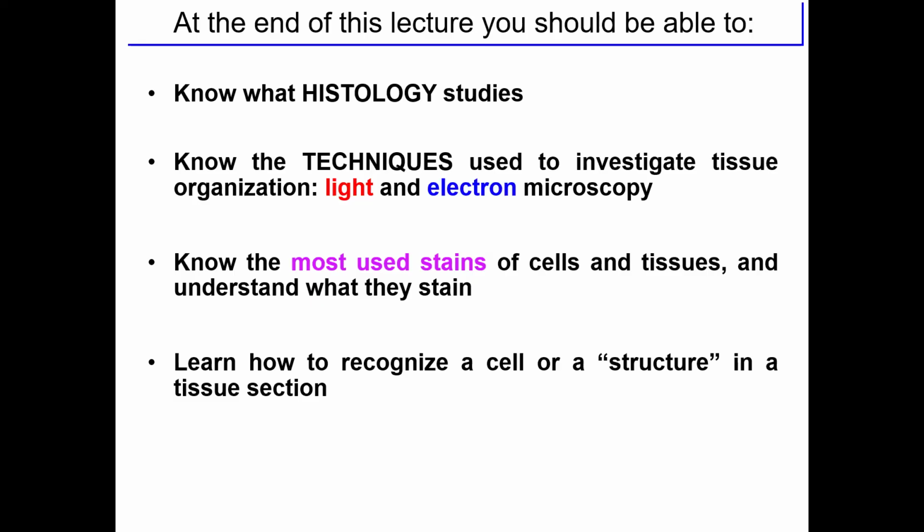The tissues and the organs, everything in our body, is actually made of cells and the material that is in between cells, the extracellular matrix, that is always secreted by the cells. We will learn how to recognize a cell or a structure in a tissue section.